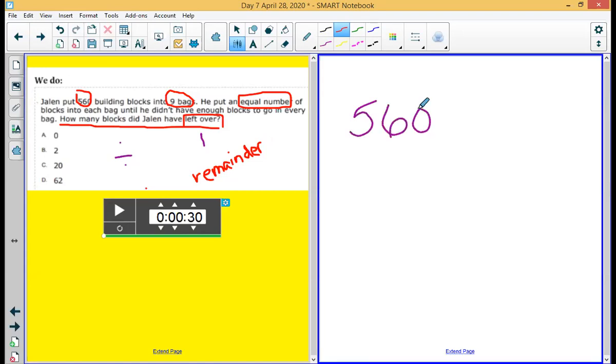Okay, so now let's set up our division problem, and we're going to divide 560 by 9. The first thing we have to decide is how many groups of 9 are in 560? 9 won't go into 5, but 9 will go into 56. So my first answer goes right there.